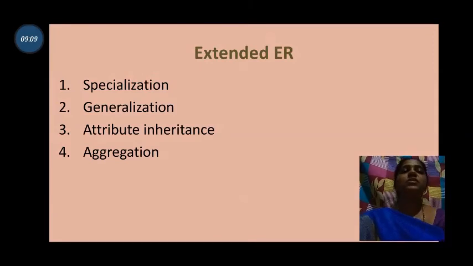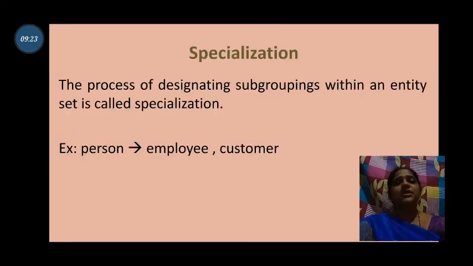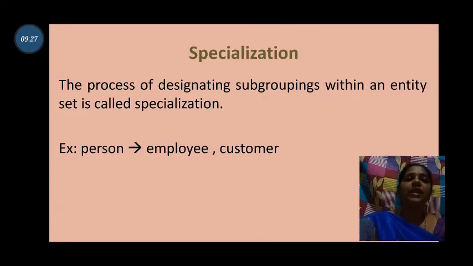And the next one, we have some of the extended ER features. What are some extended features of the ER model? Specialization, generalization, attribute inheritance, and aggregation. Specialization is a process of designating subgroupings within an entity set.